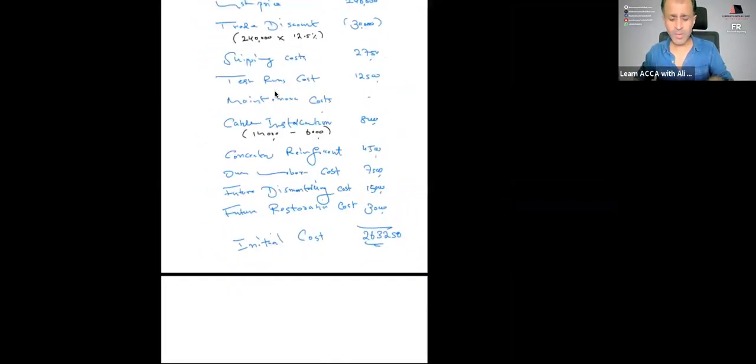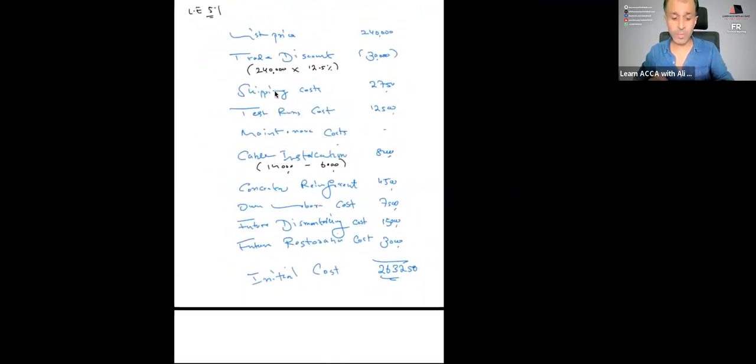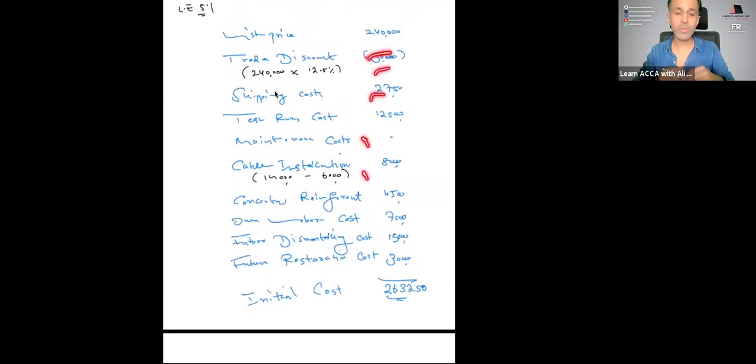So it's not just about finding the total, it's about what you are taking, whether you are dead sure that it's going to come in or it's not going to come in. Like I've not taken the maintenance cost, so I knew it's not going to come in. If I've not taken 6,000, I know this will not come in. If I've not taken the settlement discount, I know it's not going to come in.